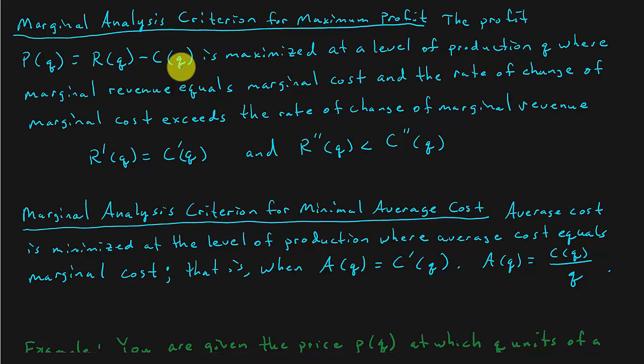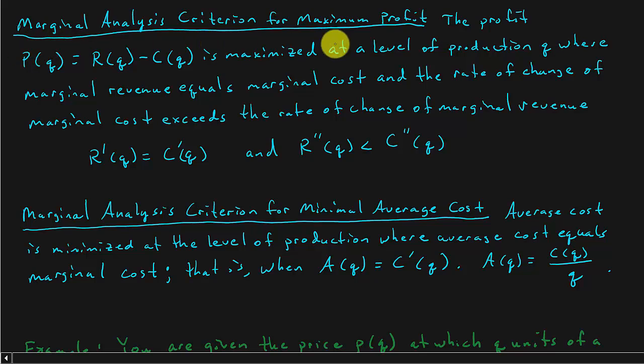So basically what they're telling you is to find the maximum profit, you take the marginal revenue, set it equal to the marginal cost. So basically what you're doing is taking the derivative of the revenue and setting it equal to the derivative of the cost, and then solving for Q. And then to check that, if the second derivative of the revenue is less than the second derivative of the cost, then that means you have a maximum profit.